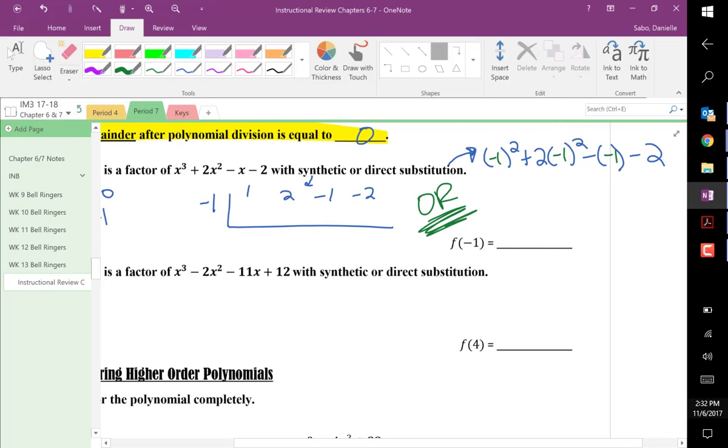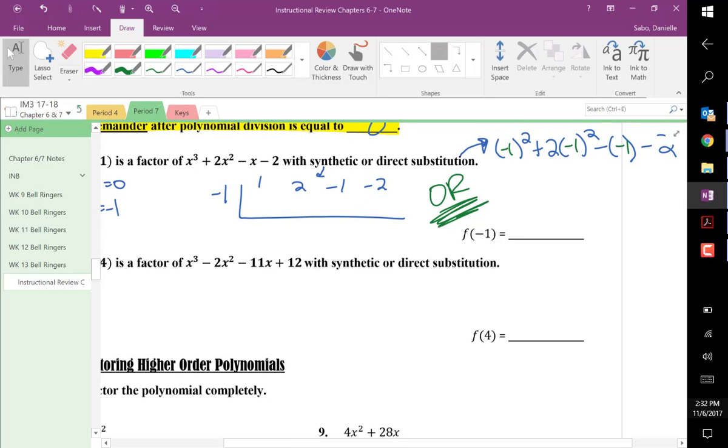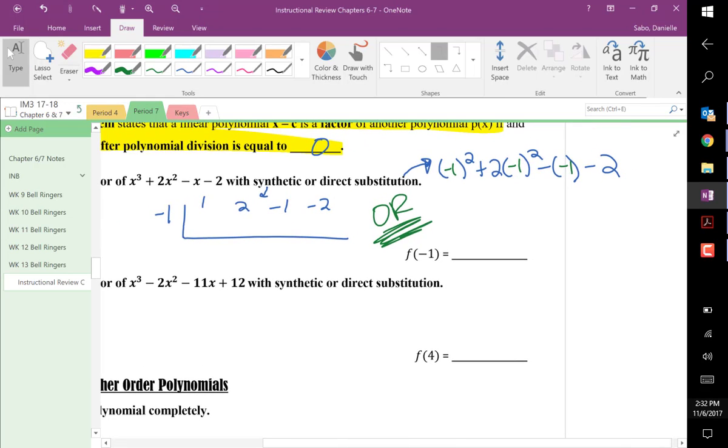Only doing one more after this, so just bear with me. What do you guys get when you do these, either synthetic or the other way? What's your answer? Yeah, you gotta plug it in. For those that like synthetic, I'll write it out for you.